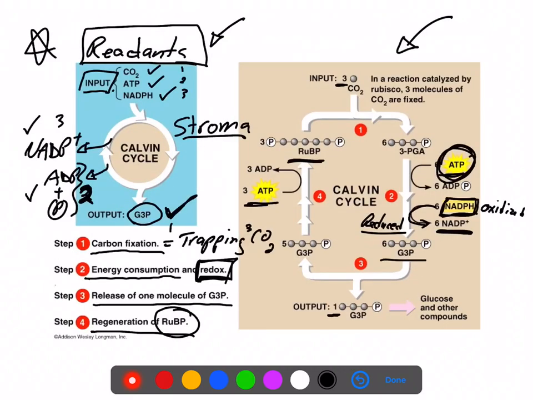All right, let's go back in our slide presentation and find that. Okay, here's CO2 being trapped, and how big is the chain of carbons that is produced after fixing CO2? It's 1, 2, 3 carbons long.